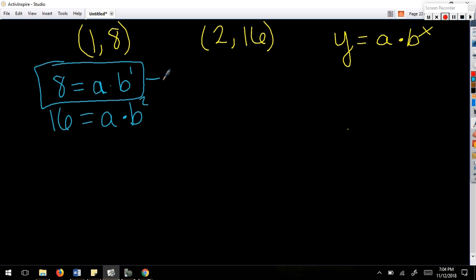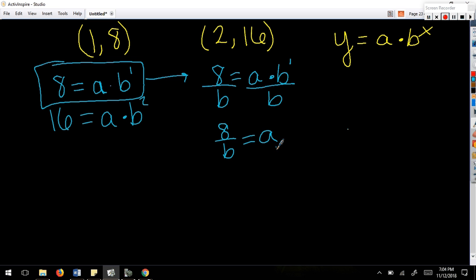I'm going to choose this first equation and solve it for a. So I have 8 equals a times b to the first. I am going to divide by b to find that 8 over b equals a.